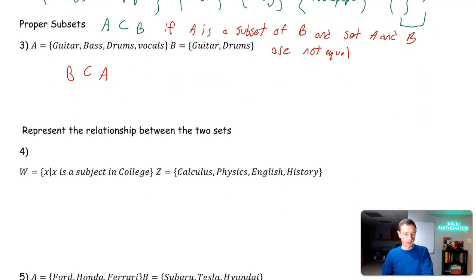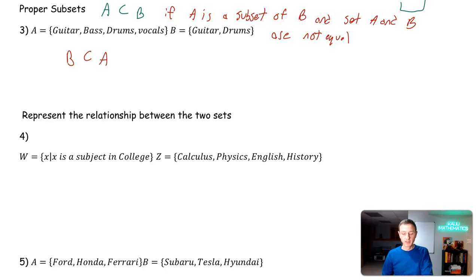Number 4, represent the relationship between the two sets. We have the set W, subjects in college, and then the set Z is calculus, physics, English, and history. So calculus, physics, English, and history are all subjects within college.